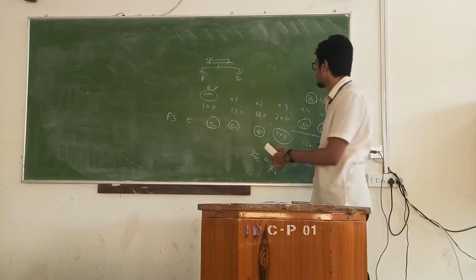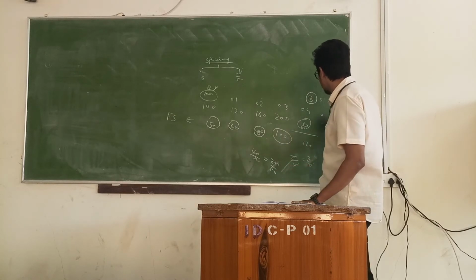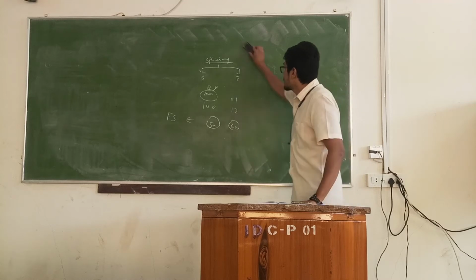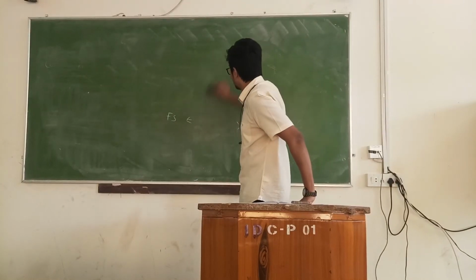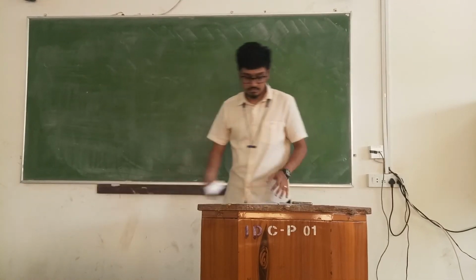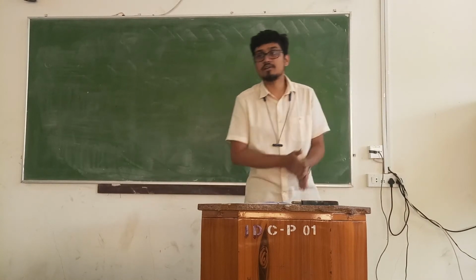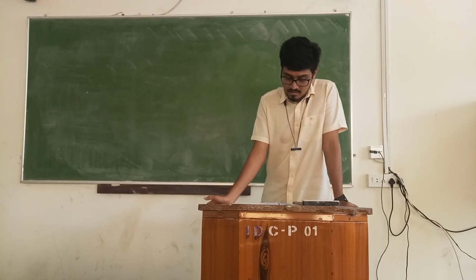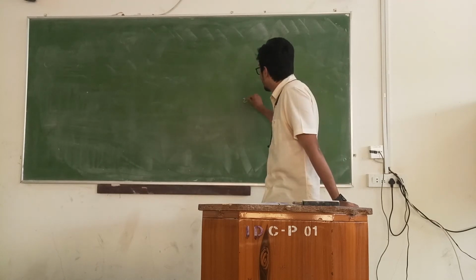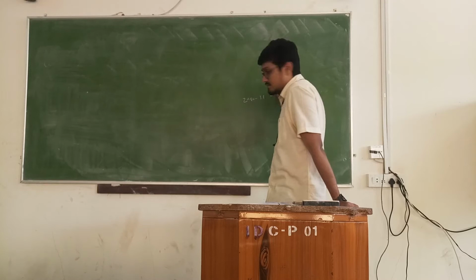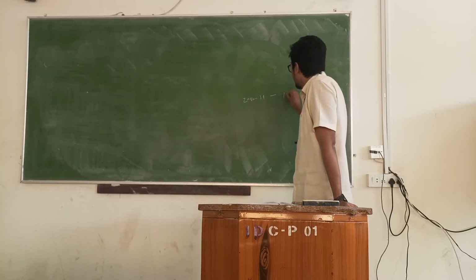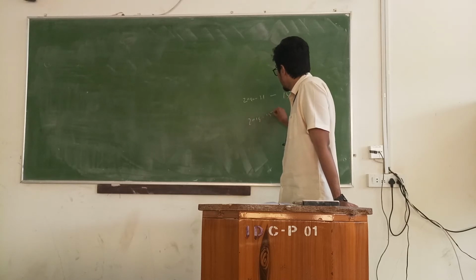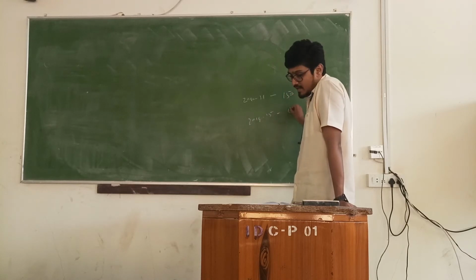Done. Now we do some sums. Write down the example question. Index number of 2010-11 is given as 150, and they are telling the 2014-15 index number as 180.